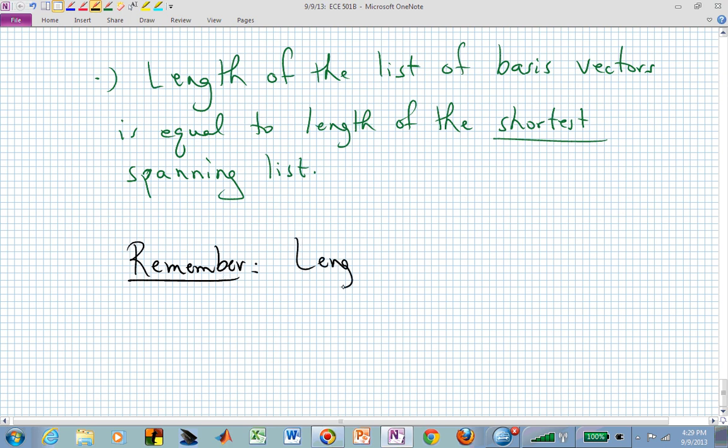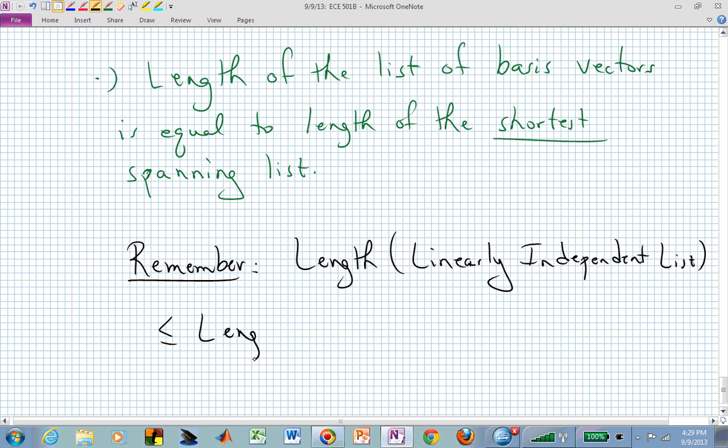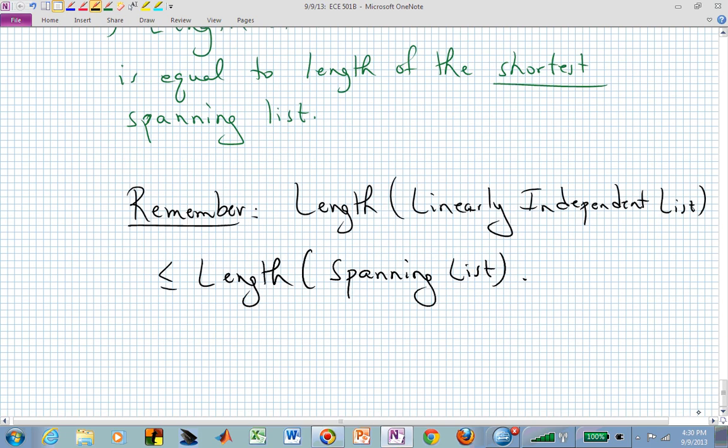Meaning the length of the linearly independent list is less than or equal to the length of the spanning list.